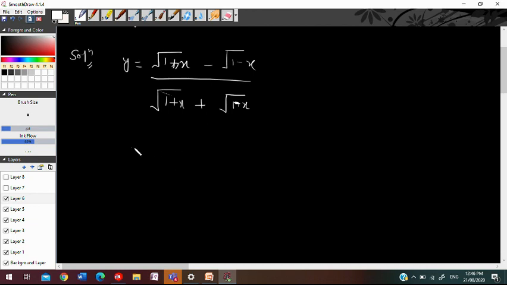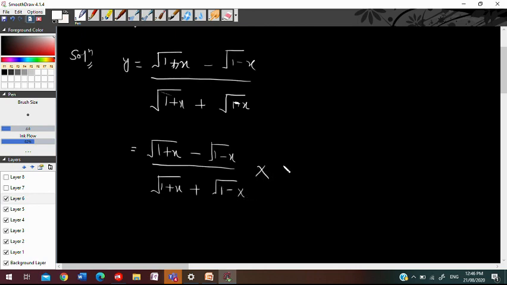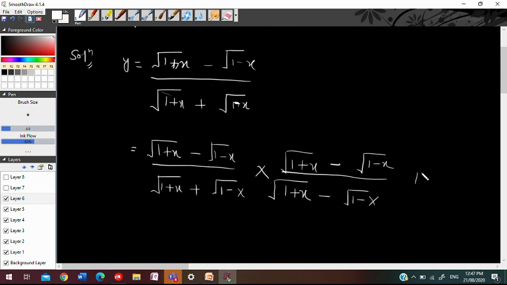So when I apply rationalization, I will multiply and divide the denominator, 1 plus x, by its conjugate.